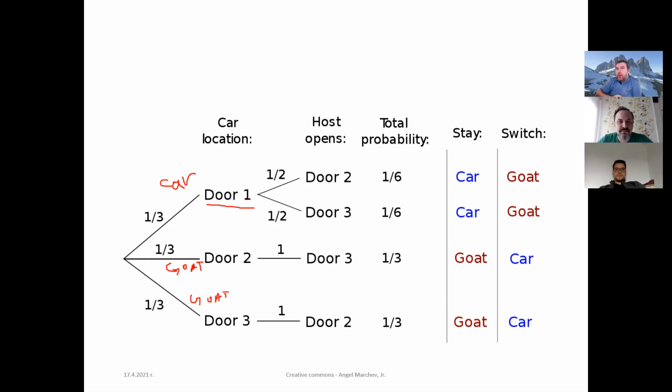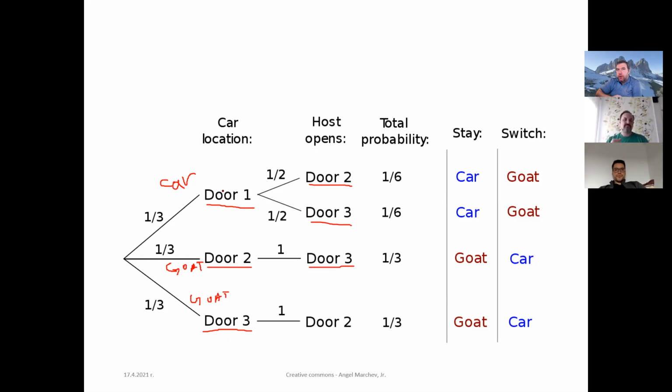When you point this out, the host can open either door number 2 or door number 3. It doesn't matter which one, right? If you have started with door number 2, since there is a goat behind it, the host cannot open the car, right? And the only other door that he can open is door number 3. There is no other way. And if you start with door number 3, it's the same thing, because there is a goat behind it.